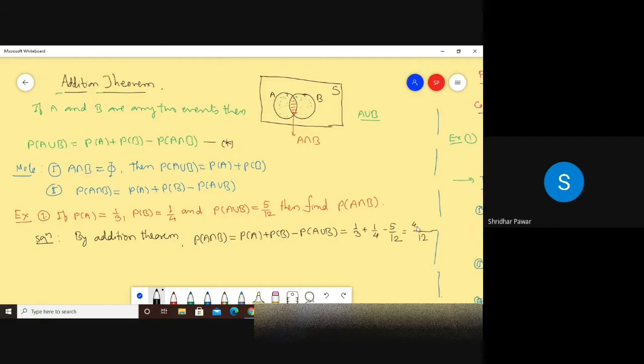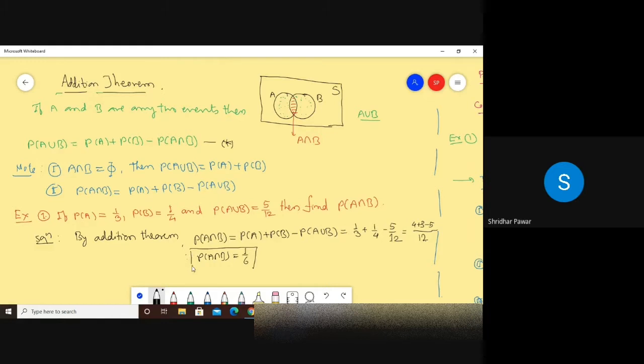The denominator is 12. 4 times 3 is 12, so 4 into 1 is 4, plus 3 into 1 is 3, minus 5. Therefore P of A intersection B is 2 by 12, and that is 1 by 6.